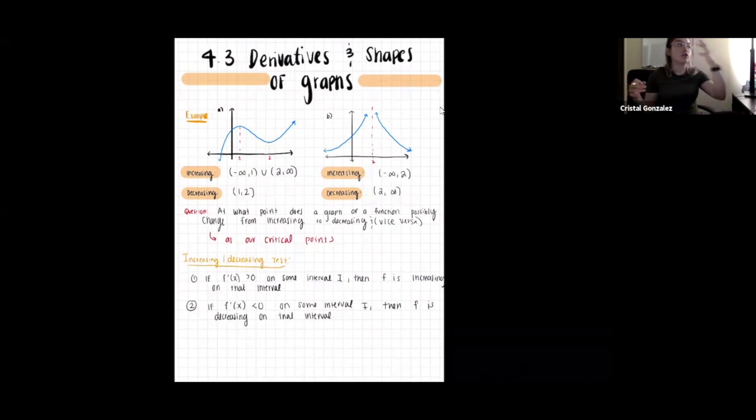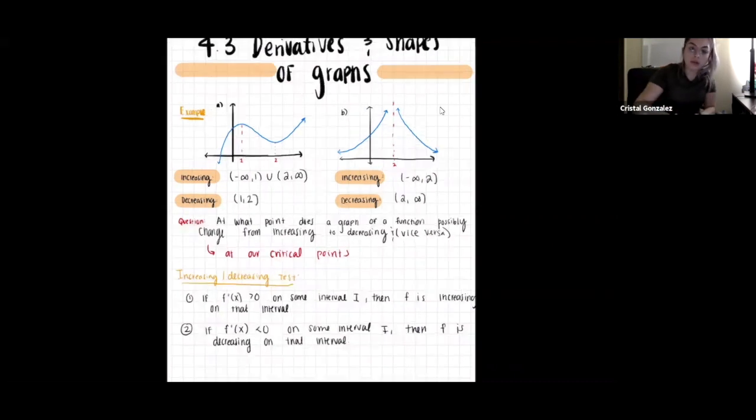So if the derivative is greater than 0 in some interval, then the function f is increasing, which really makes sense if we go back to our examples A and B. So let's just take a look at A. If f prime of x is greater than 0, remember that our derivative gives the slope of the tangent line of a function.